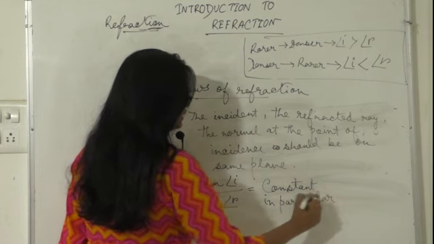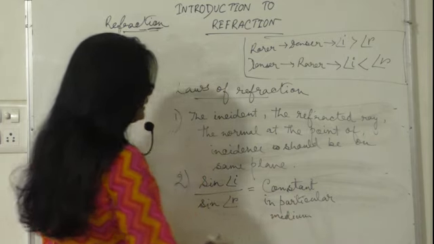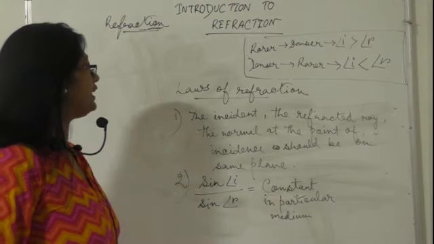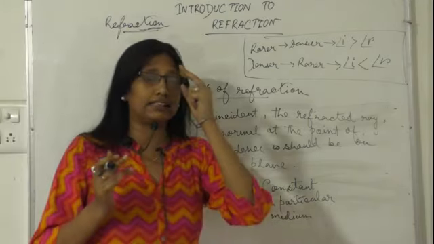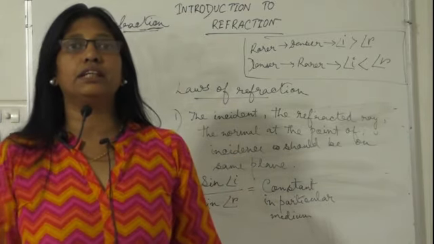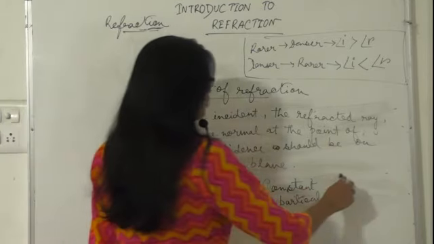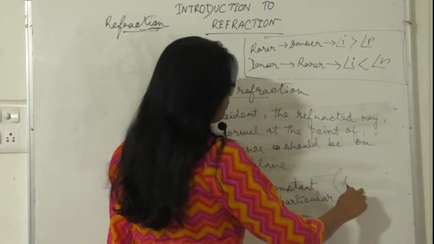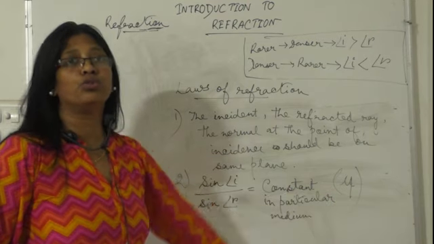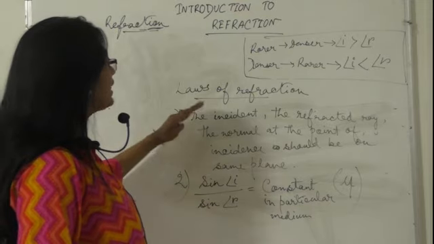That means by knowing this constant, you can easily say from which medium to which medium the light is traveling, because it is always constant. This is denoted by the sign mu. So these two are the laws of refraction.